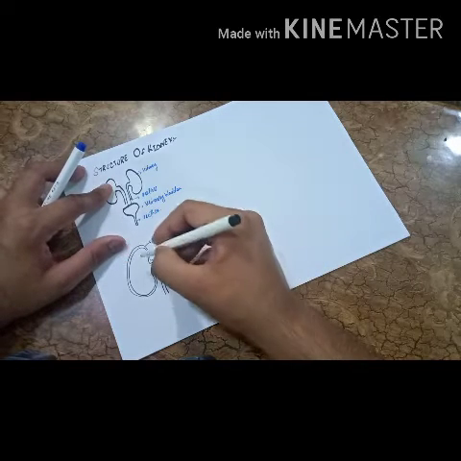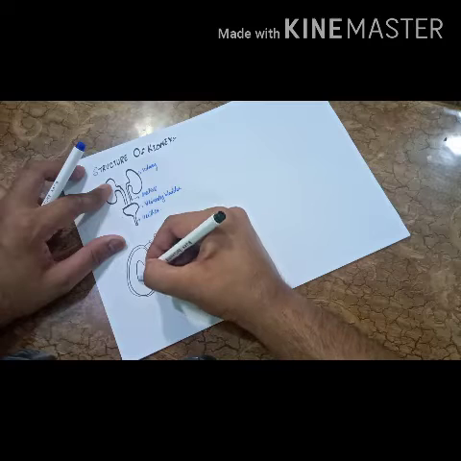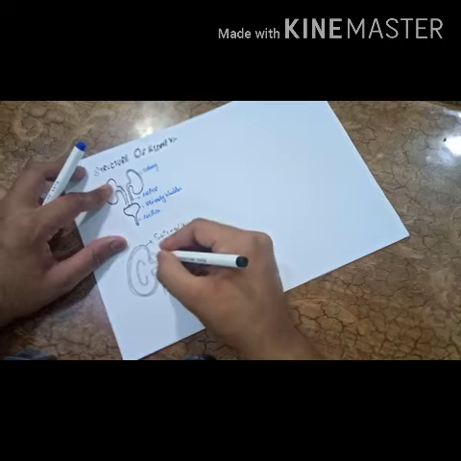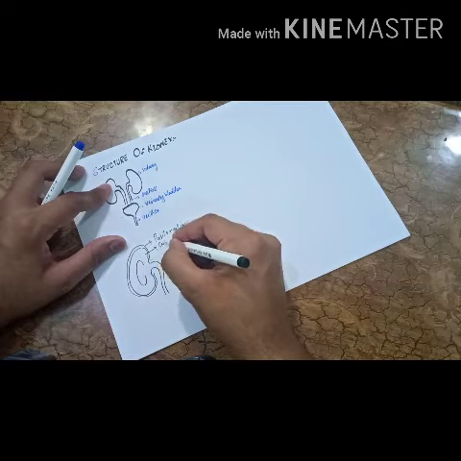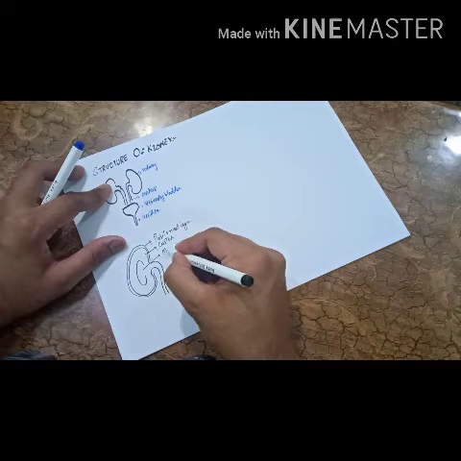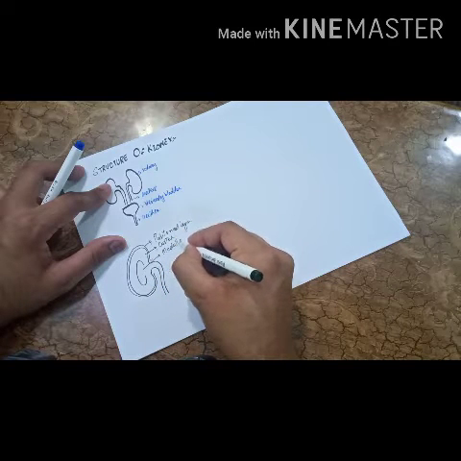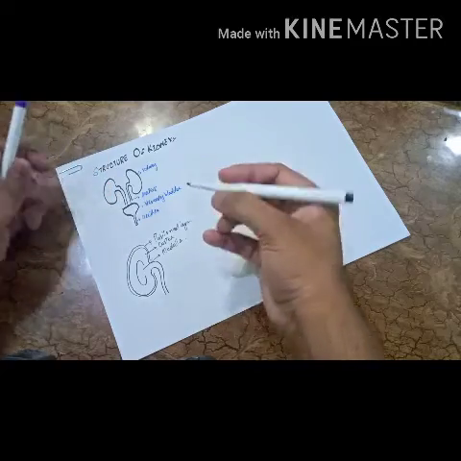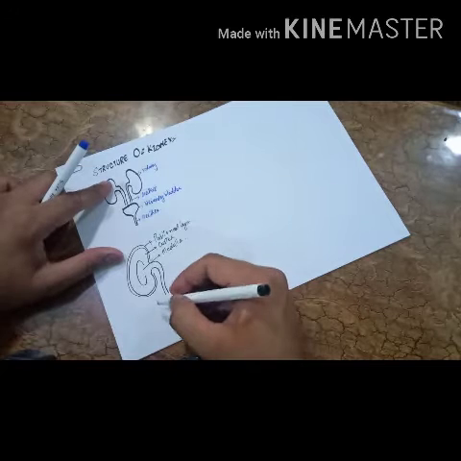Internally, the kidney is divided into two sections. The outer part is called the cortex, while the inner one is named the medulla.